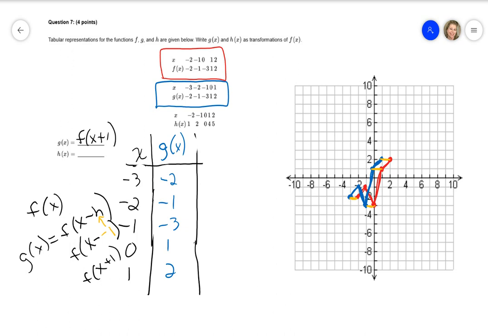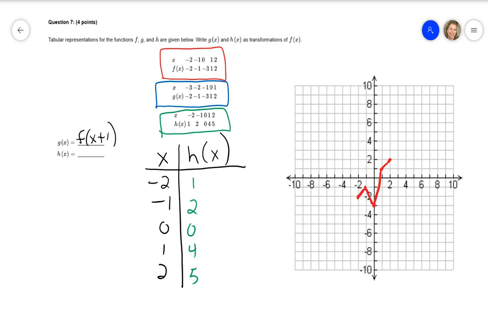Okay, so now I'm going to pause again, and I'm going to do h of x in green. Okay, so I've removed all of the g of x stuff so that you can see how h of x changes compared to f of x, which is in red. So for h of x, when I'm at -2, that's +1.